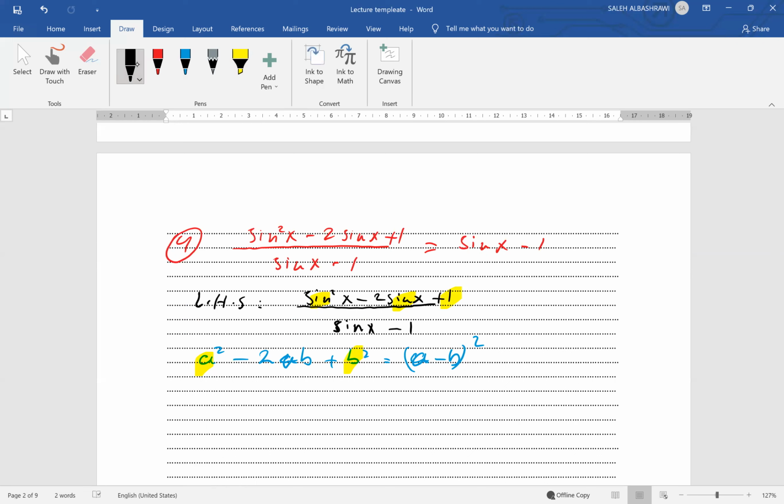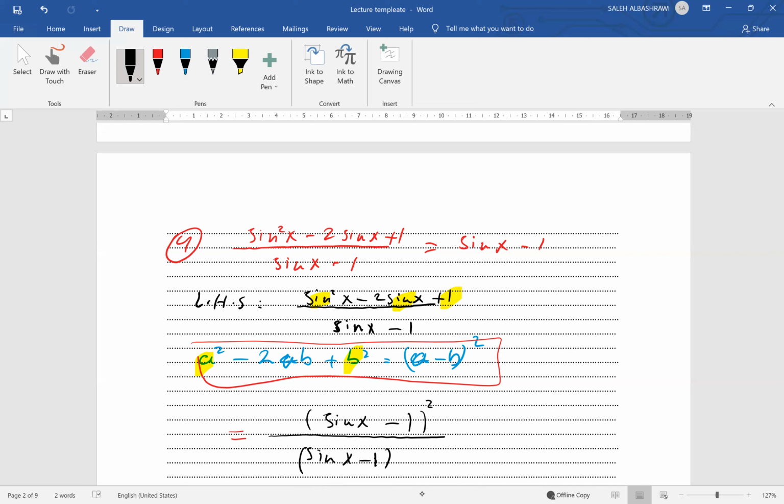So the numerator can be written as sine x minus 1 all to power 2 divided by sine x minus 1.